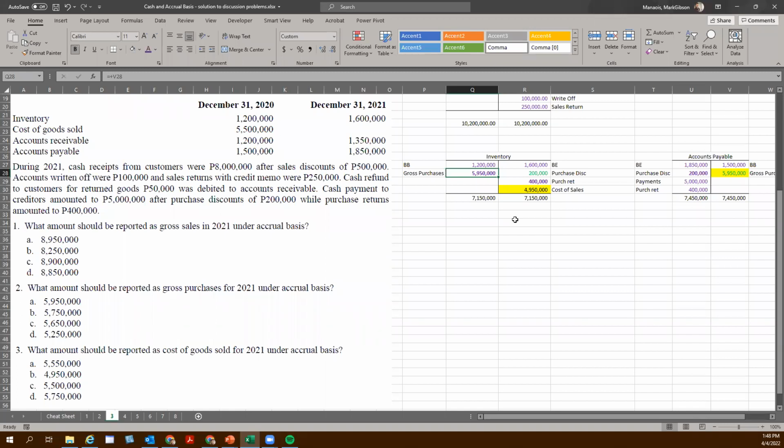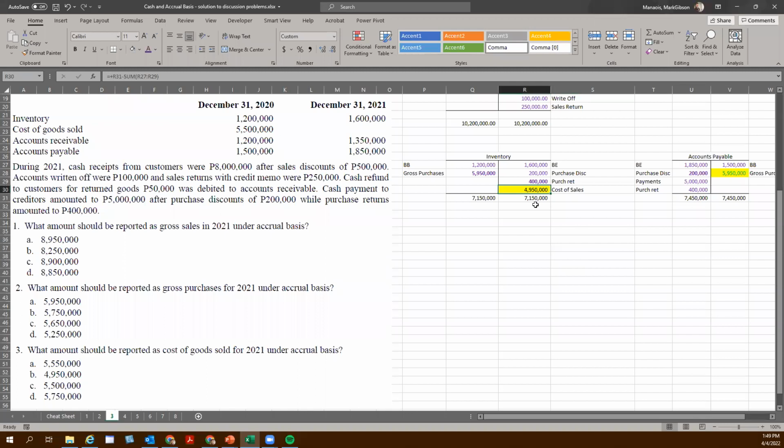But this time, on purchases, if we plot in gross purchases here, we also need to take the purchase discount and purchase returns. So let's plug those in too. Okay, so that would be 7,150,000.